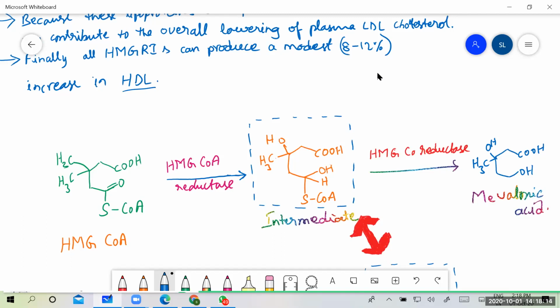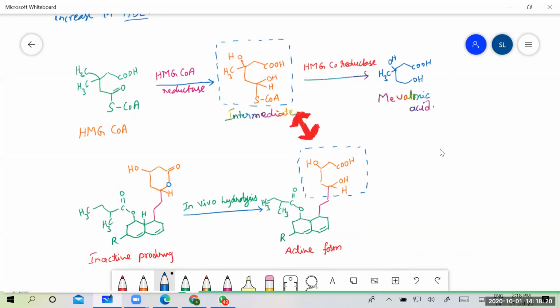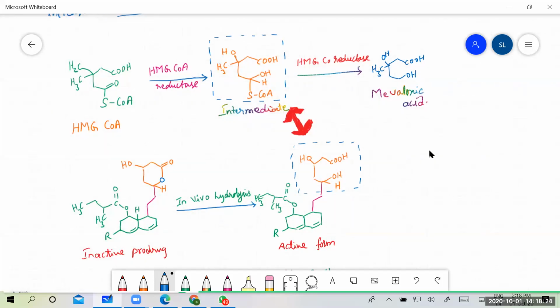Then coming to the main mechanism at the molecular level. In normal biosynthesis of cholesterol, the HMG-CoA is converted into mevalonic acid.